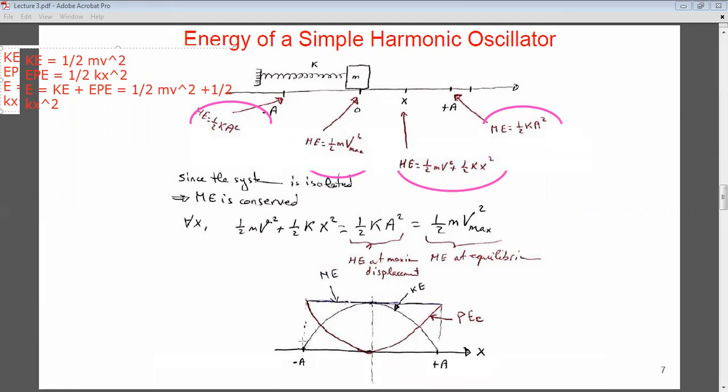Kinetic energy is 0 at the extremes, then it rises until it reaches the equilibrium position, then it drops. Potential energy starts from maximum at the maximum position, then it drops until it reaches 0 at equilibrium. Okay, I will stop here. In the next lecture, we will solve problems on the energy.